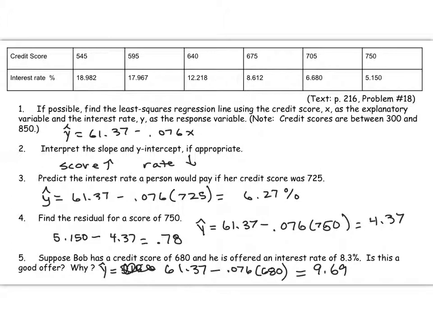And if I look up here, 680 is right around this value. It's higher than 675, so I should be getting a better rate than 8.6. So this is not a good offer right here. This is higher than that. Don't take it.